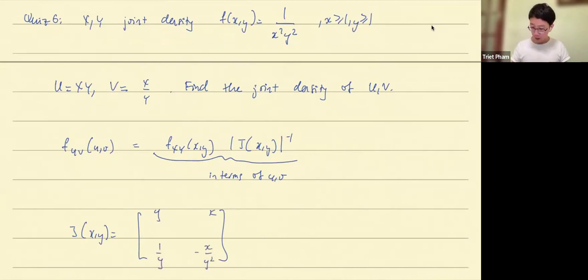Which will be minus x over y minus x over y, which is minus 2x over y. As you notice, it has to be in terms of v, so minus 2v.